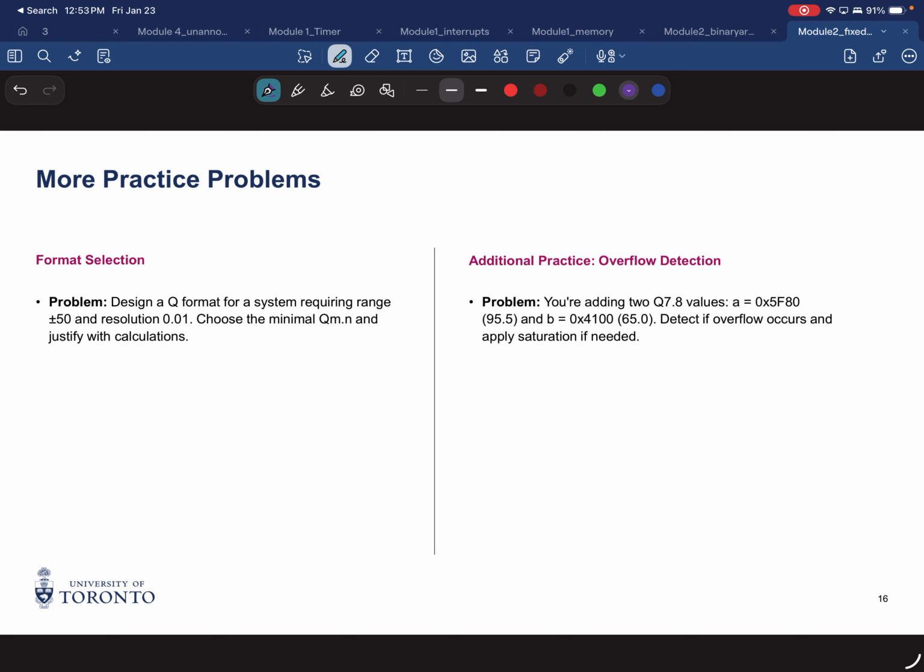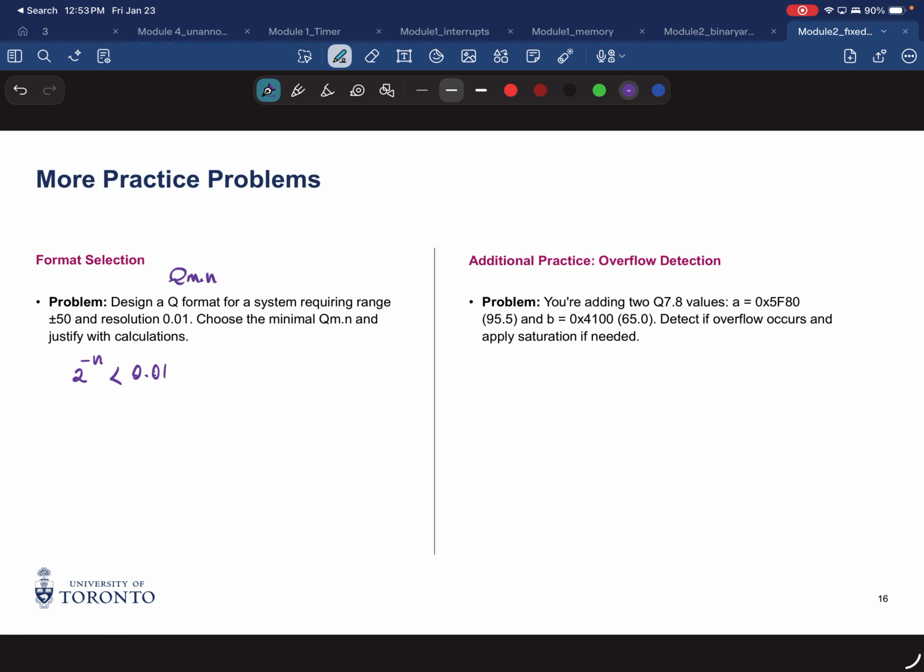I think my idea is we can probably start from the resolution. Perfect. So we need to find Q m dot n, right? What was the resolution formula? She's on the right path. Exactly, 2 to the power minus n. This resolution, we want it to be better than what? The question is telling us for it to be better than 0.01, right?